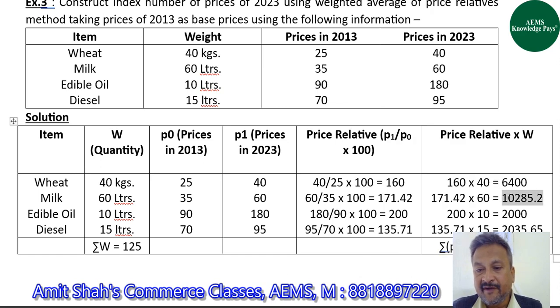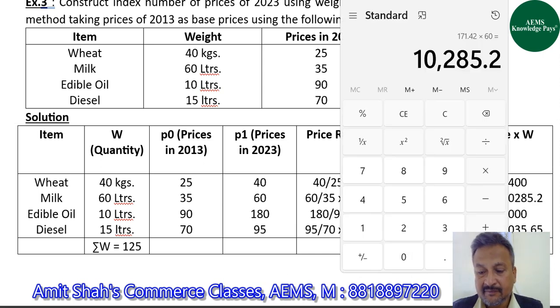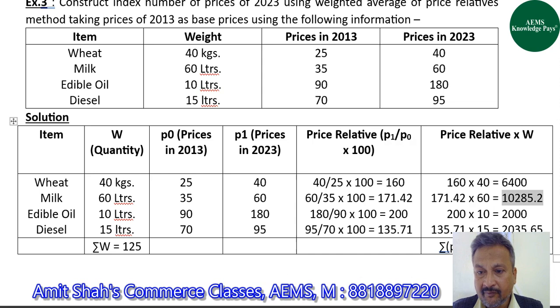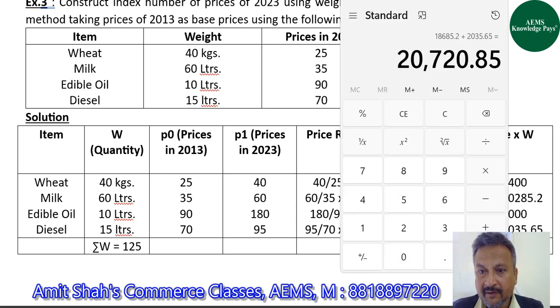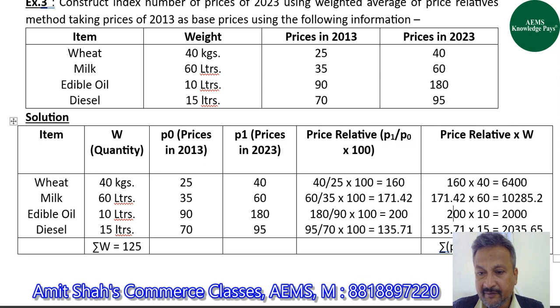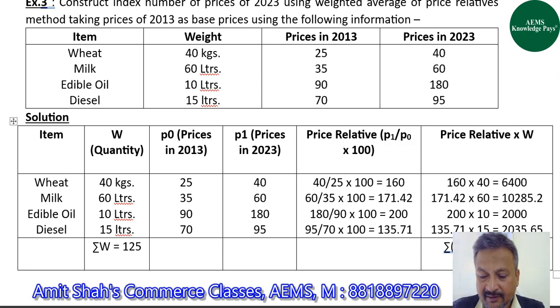This is 10285, guys, not 20285. The total here is 2720.85.